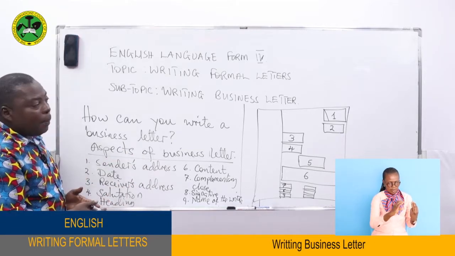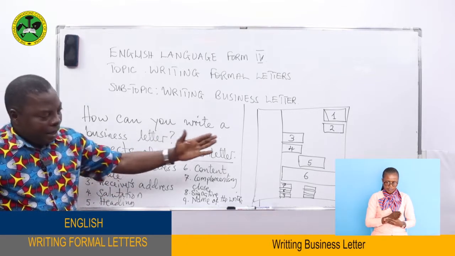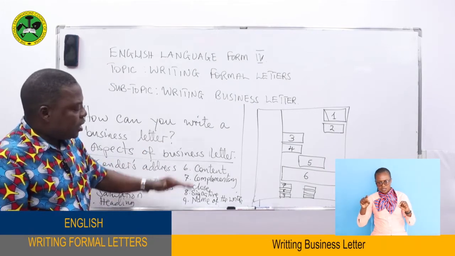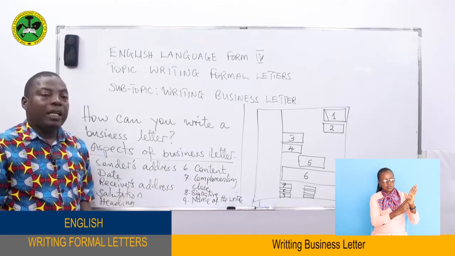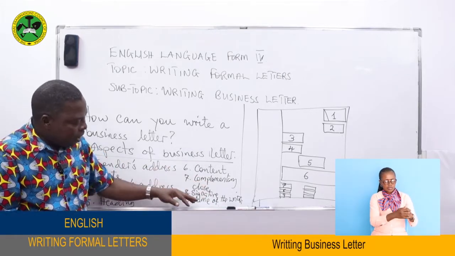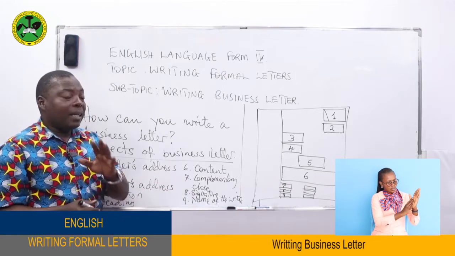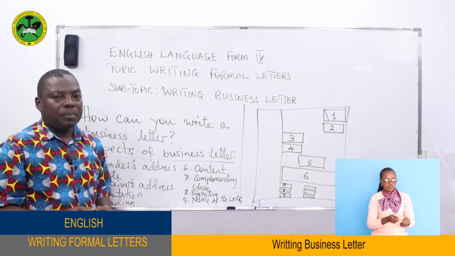The following, number 4, is the salutation. Number 5 is heading. Number 6, content. Number 7 is complimentary clause. Number 8 is the signature part. And the last box, number 9, stands for the name of the writer.